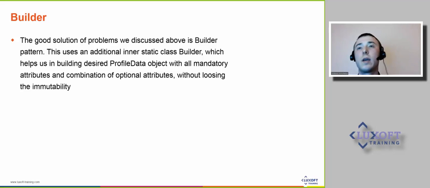But we have one more solution for resolving these problems. It's the builder pattern. This pattern uses an additional inner static class, which we can call builder, which helps us in building the desired profile data or any other object with all mandatory attributes and the combination of optional attributes which are required, without giving up immutability.